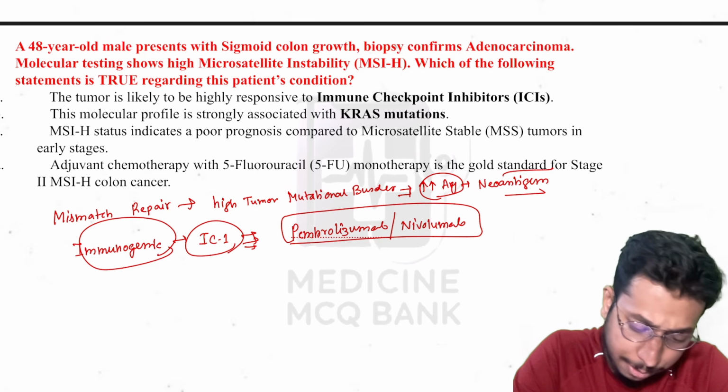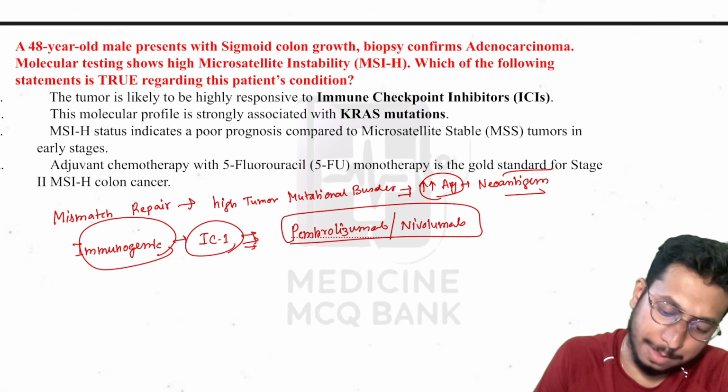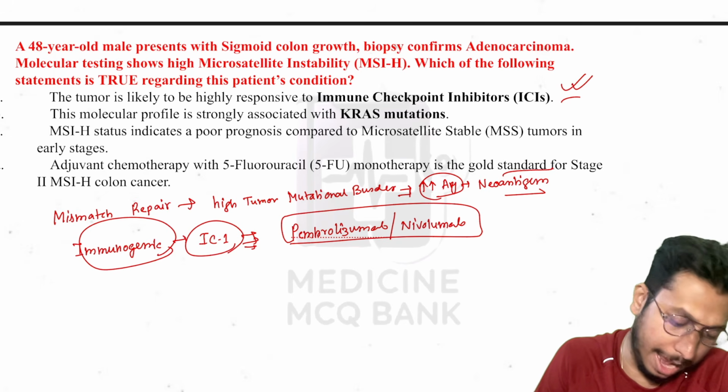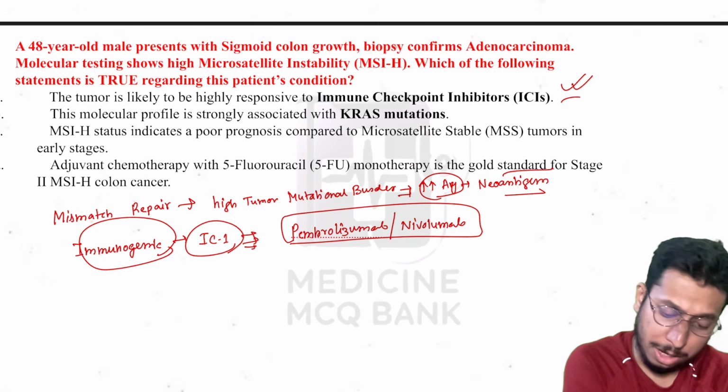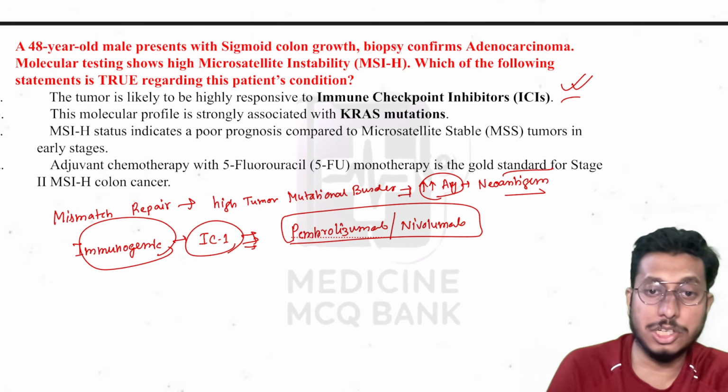So this is the thing that we want to discuss here. If you look into the options, the tumor is likely to be highly responsive to immune checkpoint inhibitor. Option A is the correct answer here. Looking at the other option, molecular profile is strongly associated with KRAS mutation.